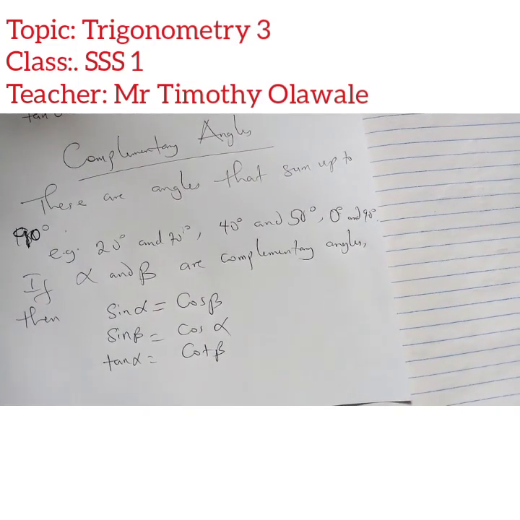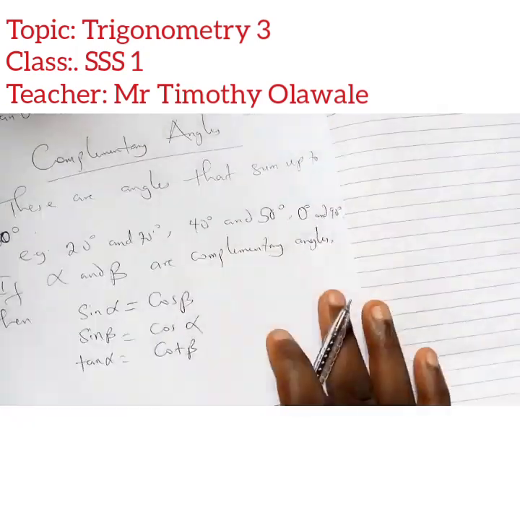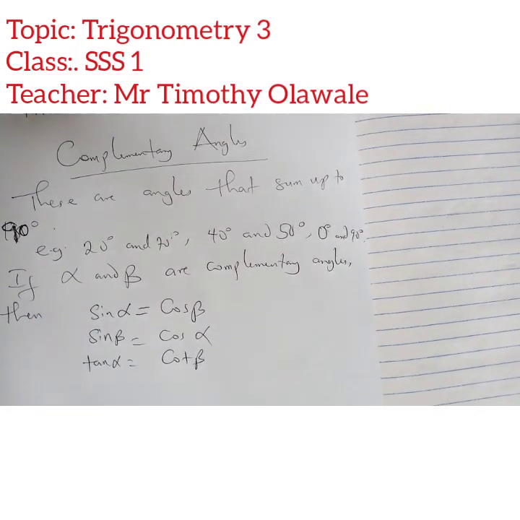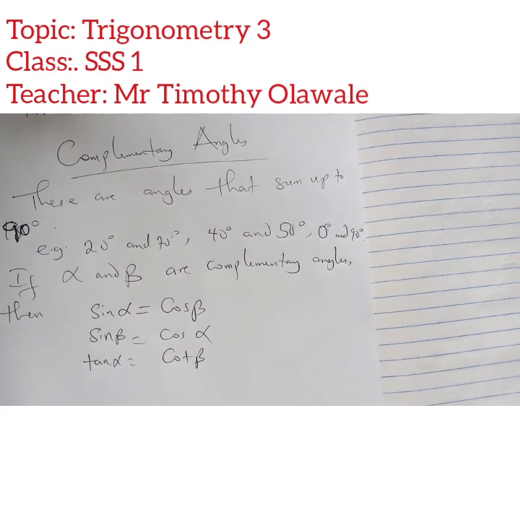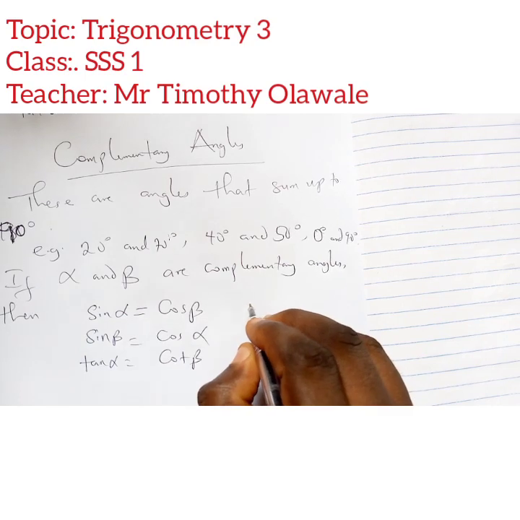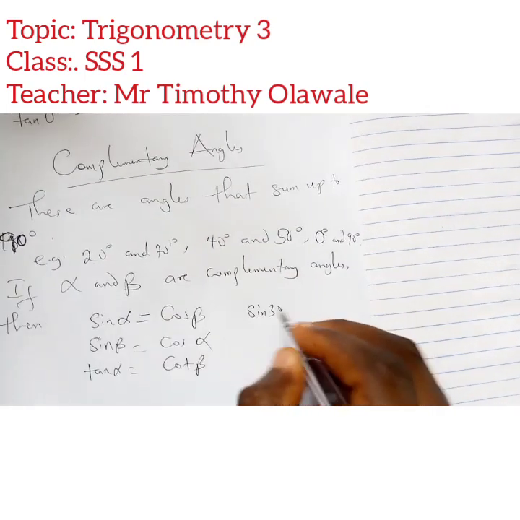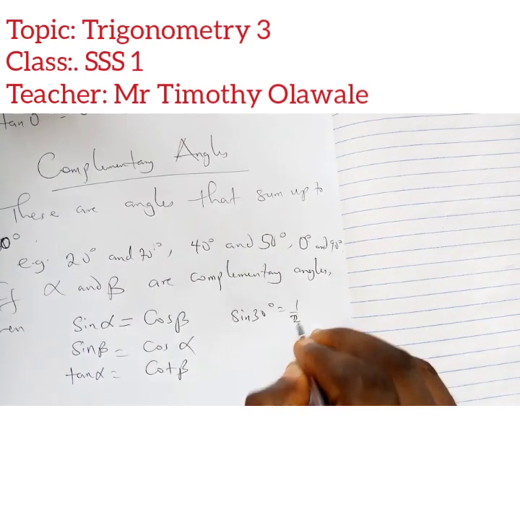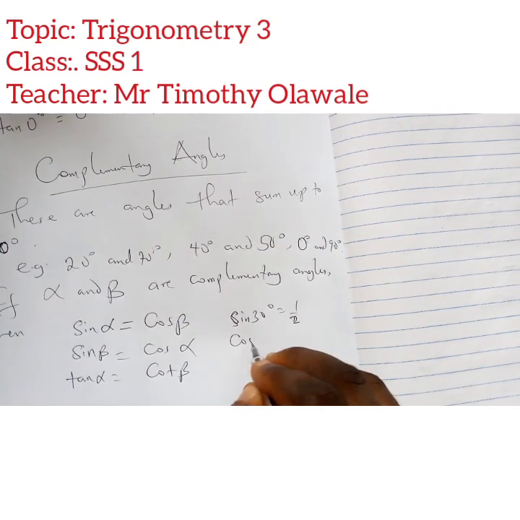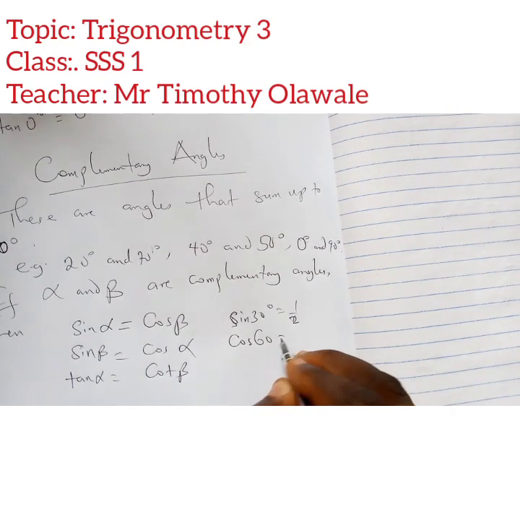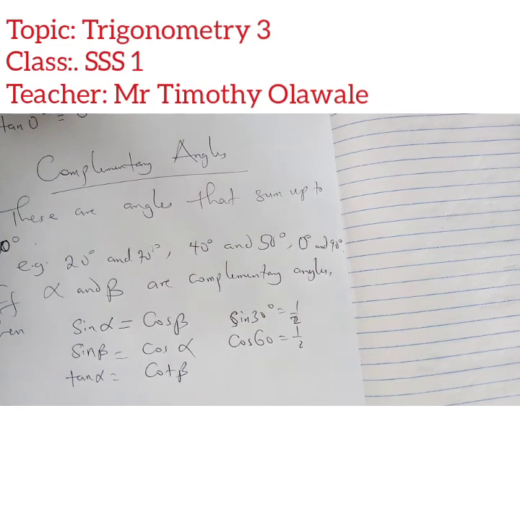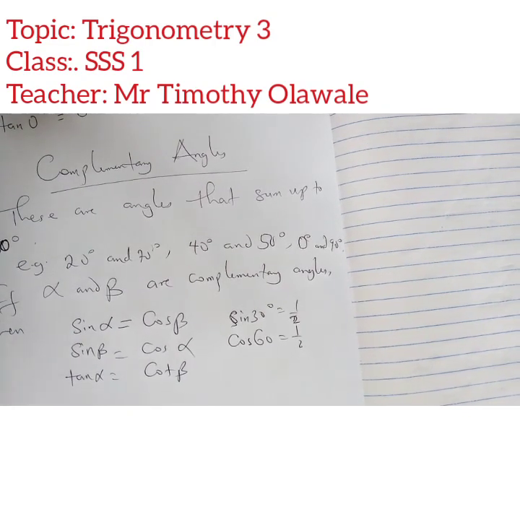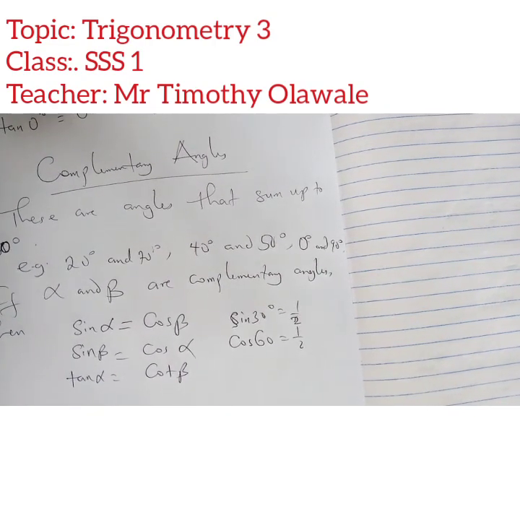Look at this. For example, 30 and 60 are complementary angles because they add up to 90 degrees. Sine 30 is 1/2, from what we did in the last class, and cos 60 is 1/2. So sine 30 gives us cos 60, while sine 60 gives us cos 30.